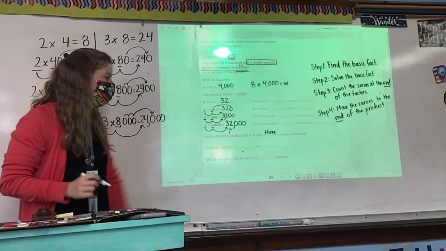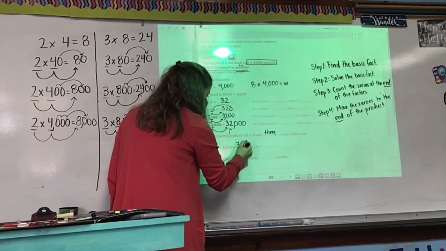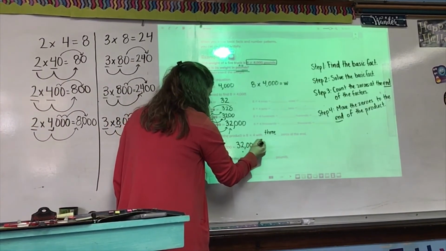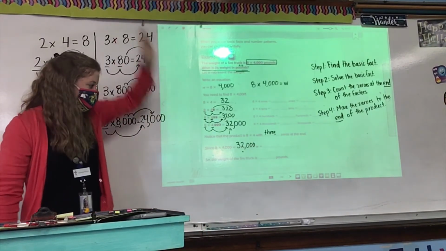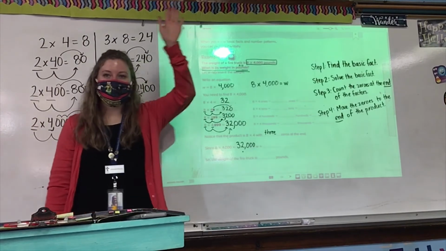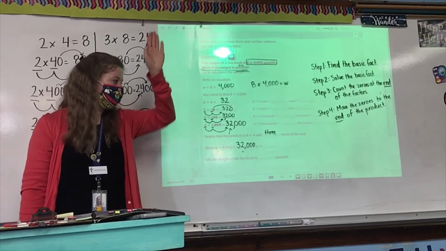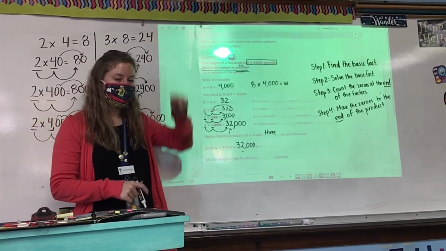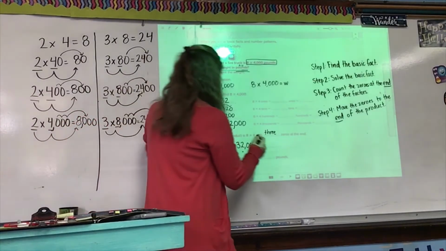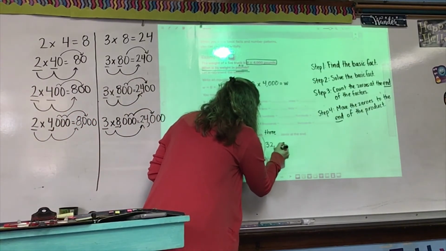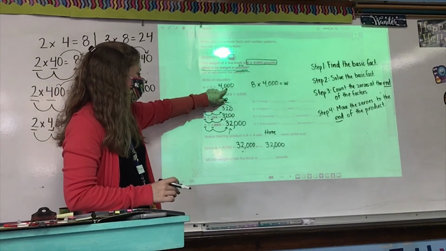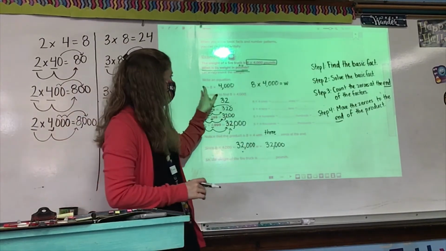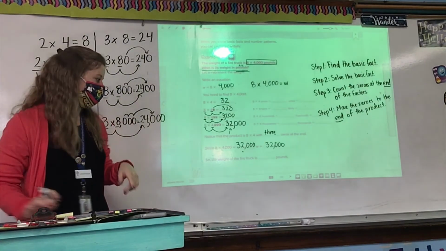Since 8 times 4,000 is 32,000, then W equals what, Cullen? W equals 32,000.